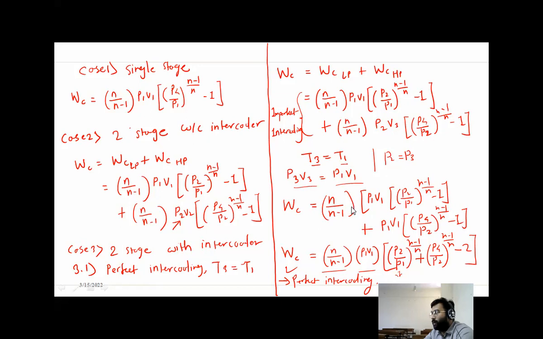Here they have taken n upon n minus 1 as common, and again we will take P1 V1 common. Finally the equation becomes n upon n minus 1 P1 V1 into bracket P2 by P1 raised to n minus 1 upon n plus P4 by P2 raised to n minus 1 upon n, minus 2. So this minus 1 becomes minus 2.